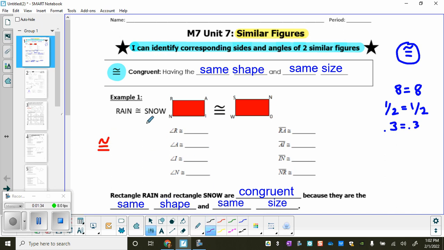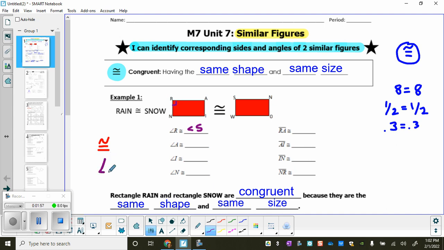You guys know that for these rectangles here, the angles are all right angles. So if this is a 90-degree angle, this must also be a 90-degree angle. So R is the same as S. Now, as I'm writing my notes here, y'all, I'll mention that my symbols kind of suck. I just made that look a little bit like an inequality symbol.